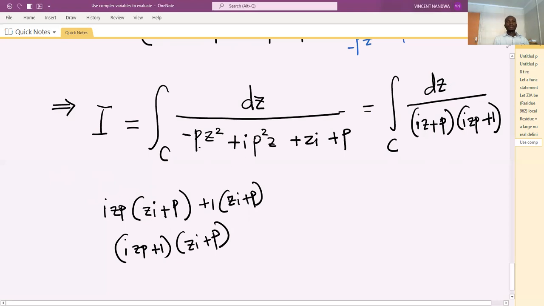So this is the factorization of this denominator. So that's why we have from this term to go to this term.